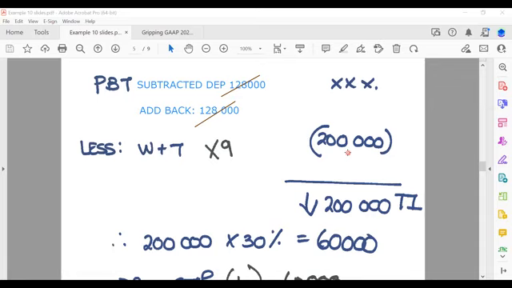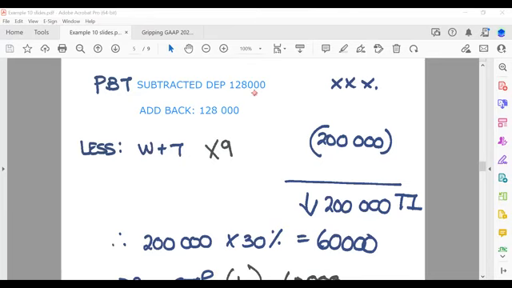Okay, let's repeat that then. If we go to our profit before tax number, that's the starting point for our tax comp. In arriving at this profit before tax number, we would have subtracted depreciation of 128.